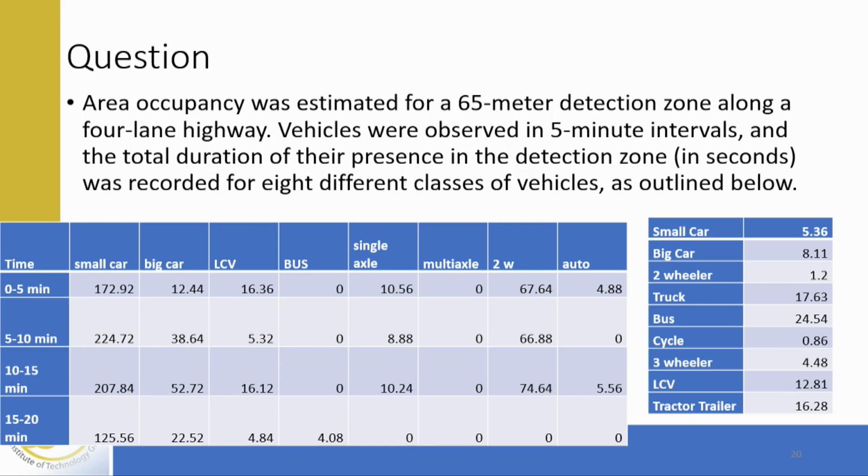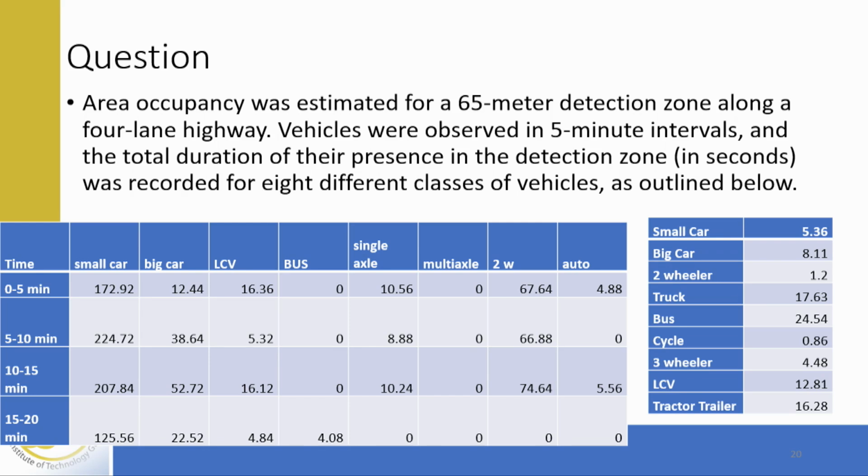The occupancy time, that we discussed in our earlier lecture, T1 plus T2 or T2 plus T3, the cumulative time of those small cars is 172.92 seconds. It is in seconds, as I mentioned. Similarly, we recorded big cars based on our observations.